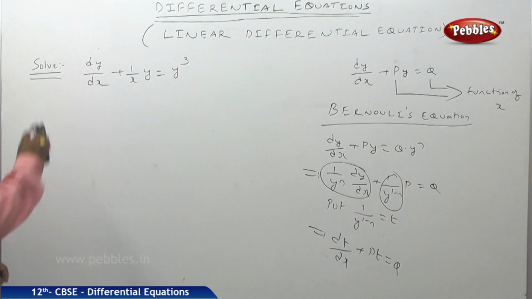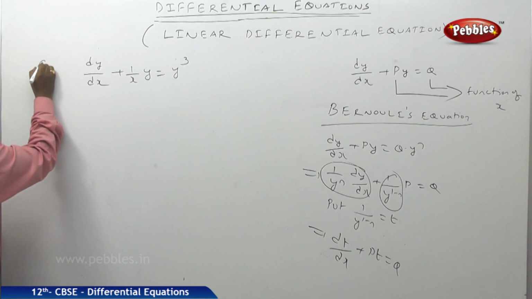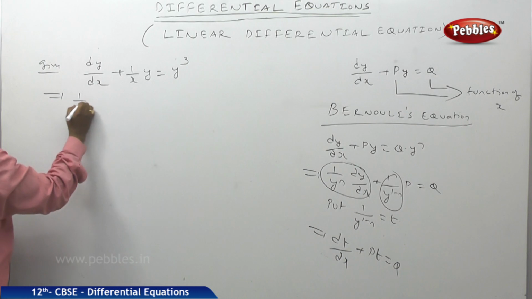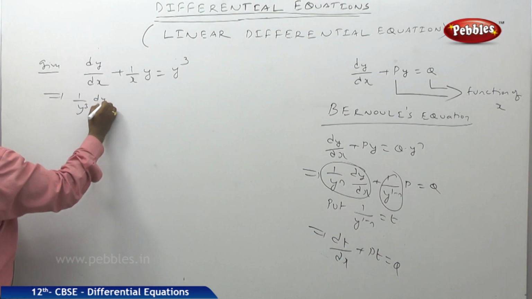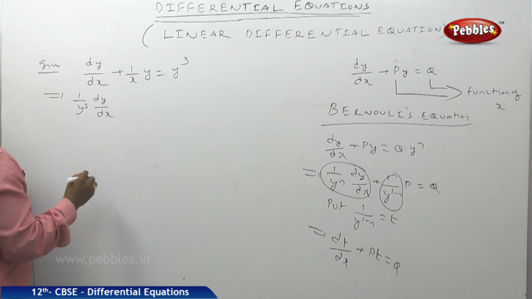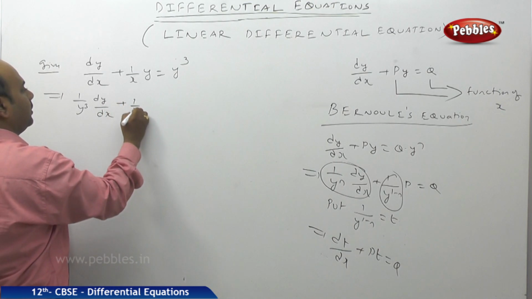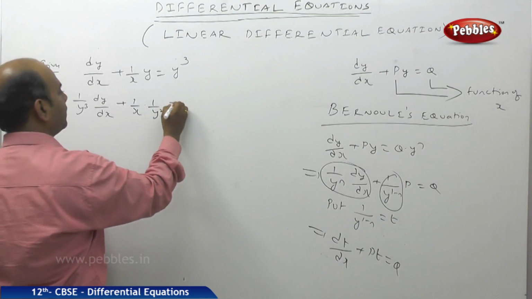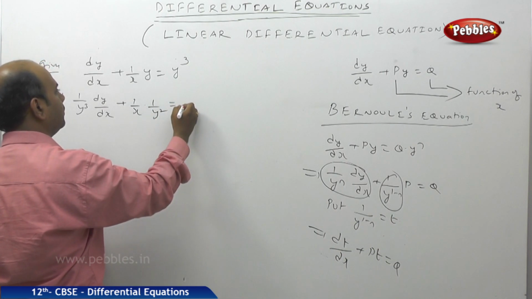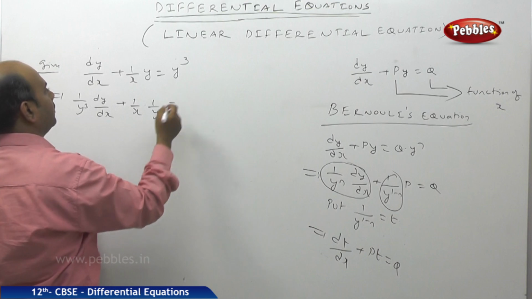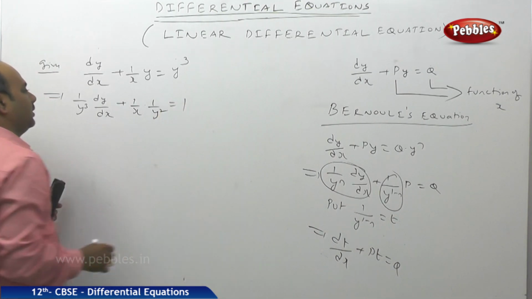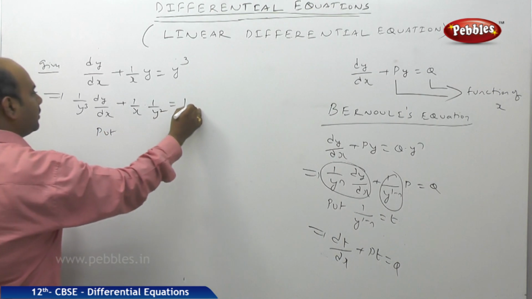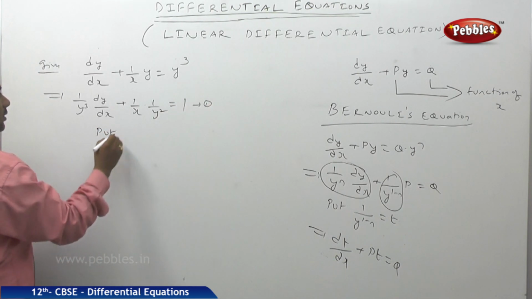So this is given. So what happens? (1/y³) dy/dx + (1/x)(1/y²) = 1. Okay, this I will call equation 1.